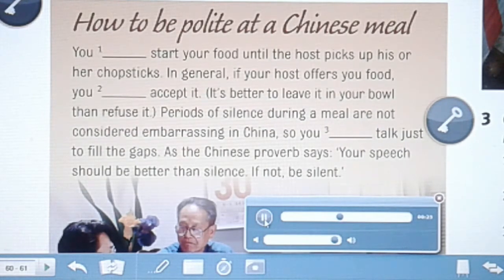In general, if your host offers you food, you must accept it. It's better to leave it in your bowl than refuse it. Periods of silence during a meal are not considered embarrassing in China, so you needn't talk just to fill the gaps. As the Chinese proverb says, your speech should be better than silence. If not, be silent.